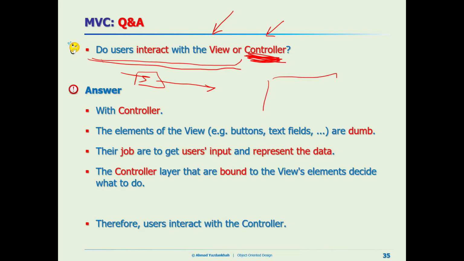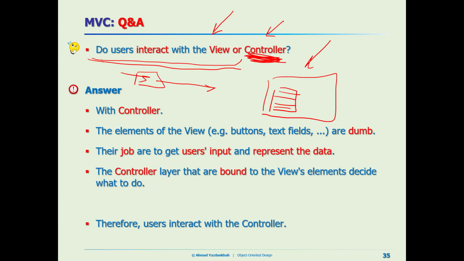And in the controller, as we saw in GUI programming, you have a piece of code that is a listener to that button, and that piece of code will be activated and will be run. So you see, everything is on the controller.